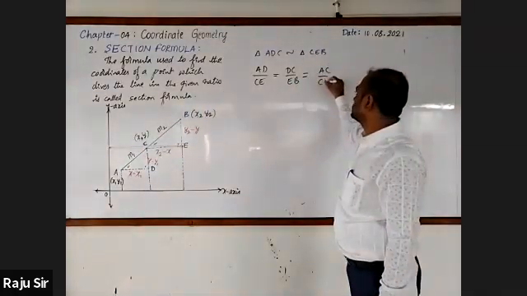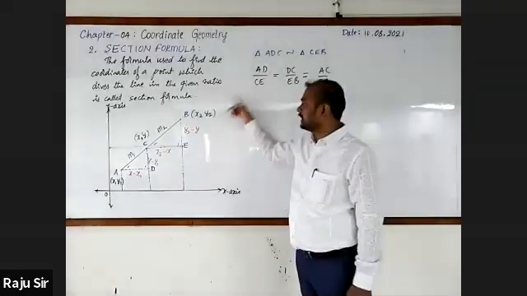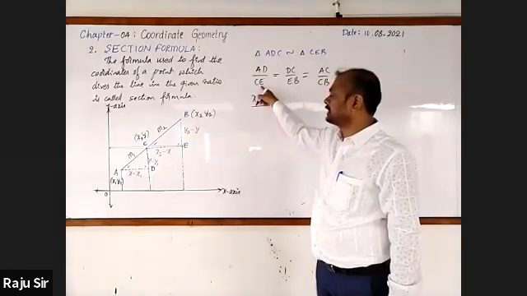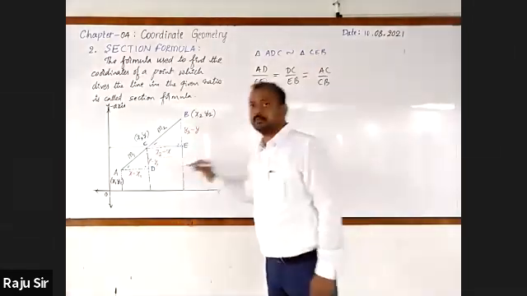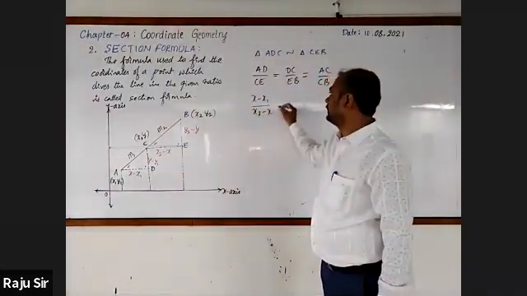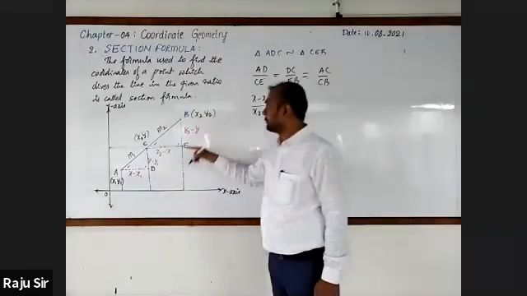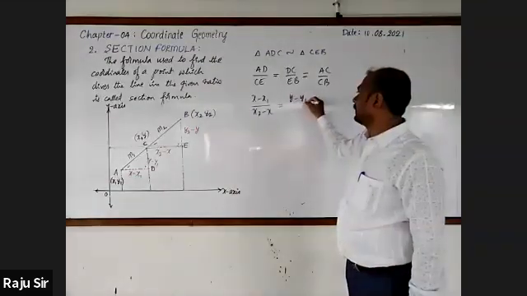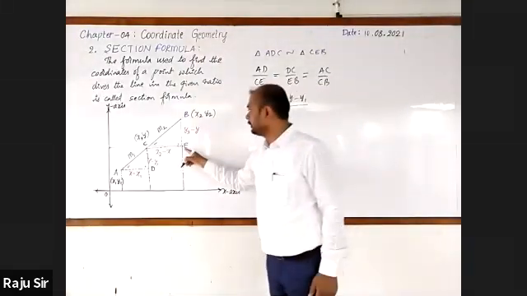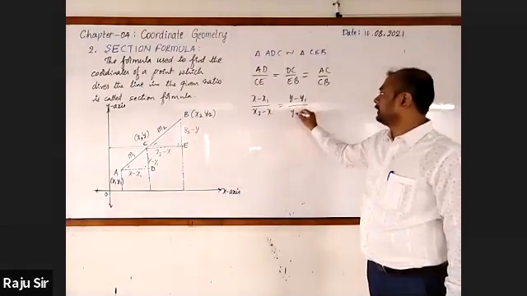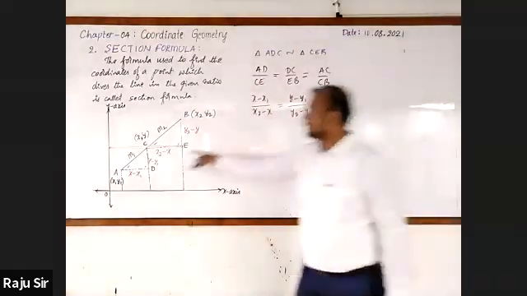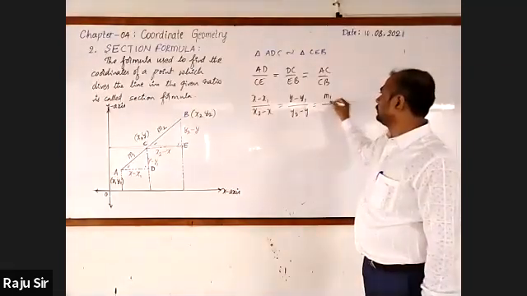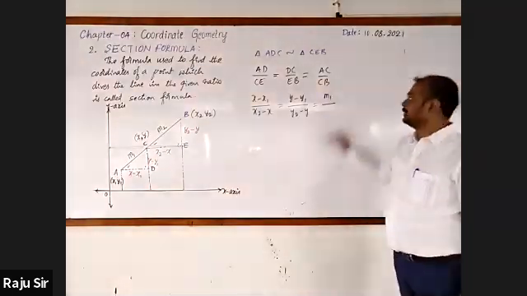Now you tell me, what is AD? X minus X1. CE? X2 minus X. DC? Y minus Y1, by EB, Y2 minus Y. AC is M1, CB is M2.